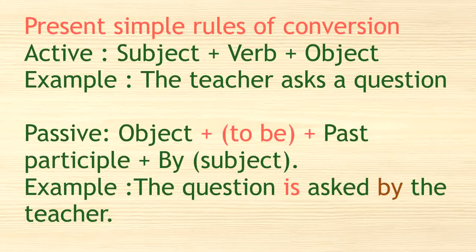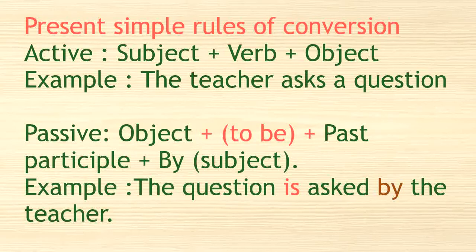However, in the passive voice, we end with the subject. Which means the subject takes the place of the object, and the object takes the place of the subject. As we can see in this example, the teacher, which is the subject, is in the beginning of the sentence in the active voice. However, the teacher is at the end of the sentence in the passive form.